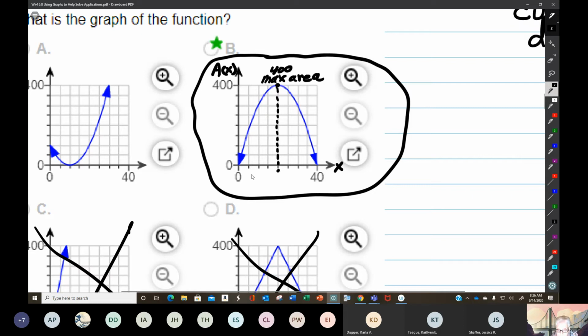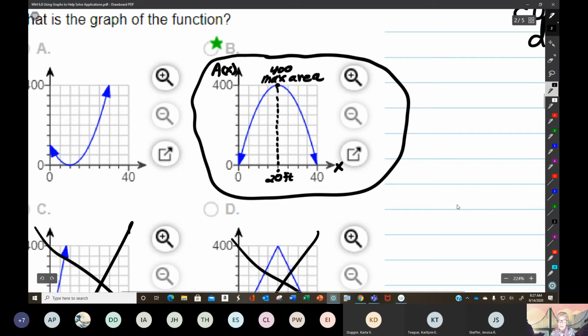Now, this is halfway to 40. You don't suppose it's 20? Well, it is. But let's see what this is. Is this 5, 10, 15, 20, 25, 30, 35, 40? Yes, each of these is 5. So this is 20. So now we know that the length is going to be 20 feet, the length of the maximum area.